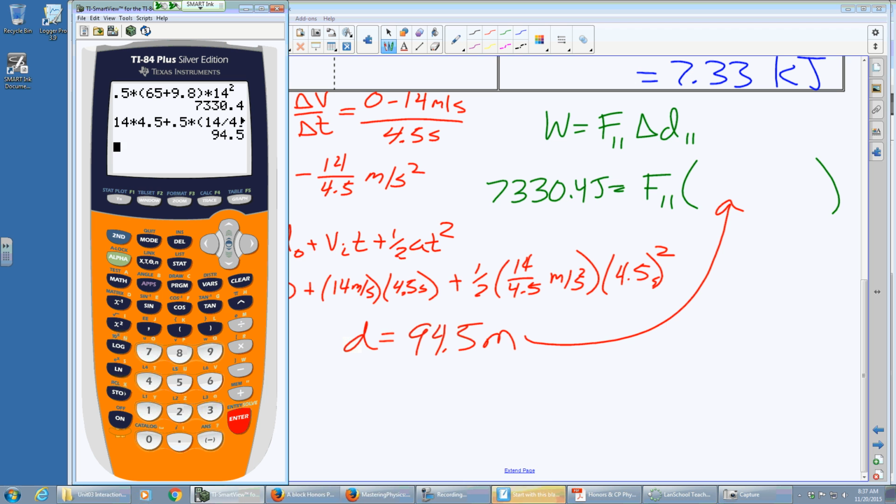And then dividing and finding my force parallel. So let's see if that works. And it should.